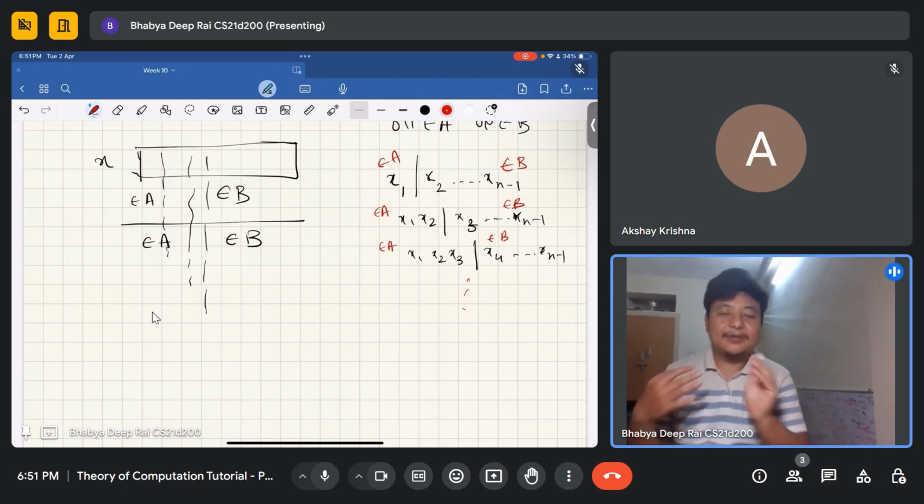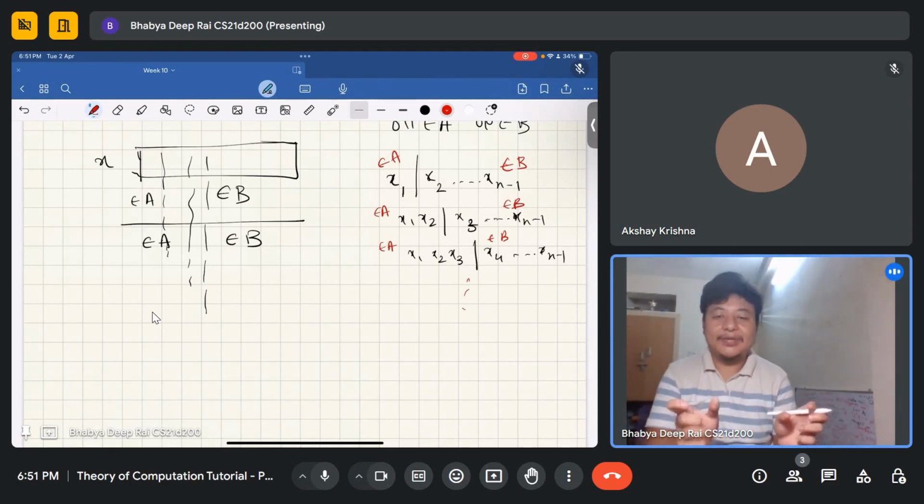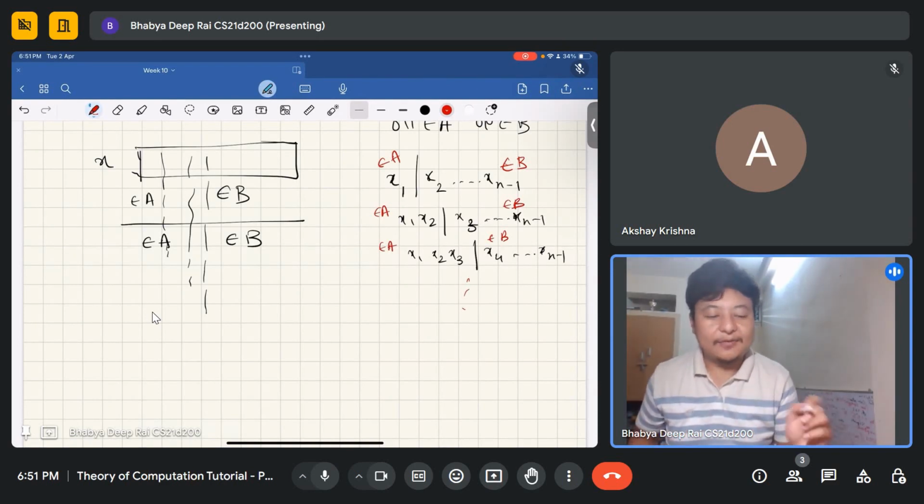And if it so happens that in both cases it is in A and it is in B, it means it is a concatenation of two strings that are in A and B, and therefore it should be accepted.